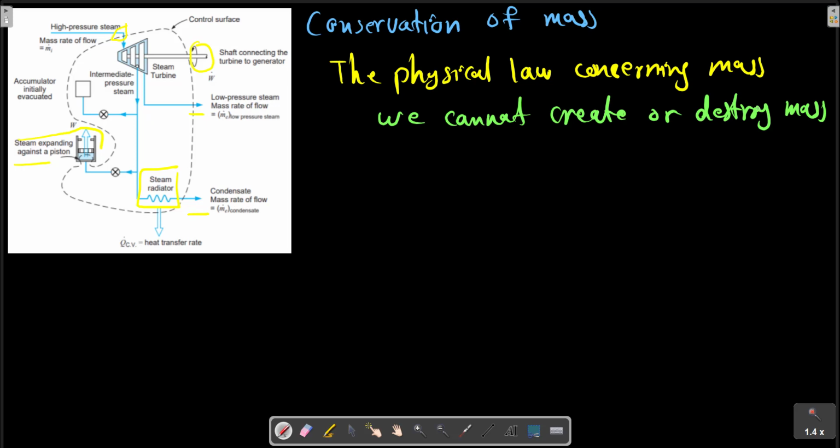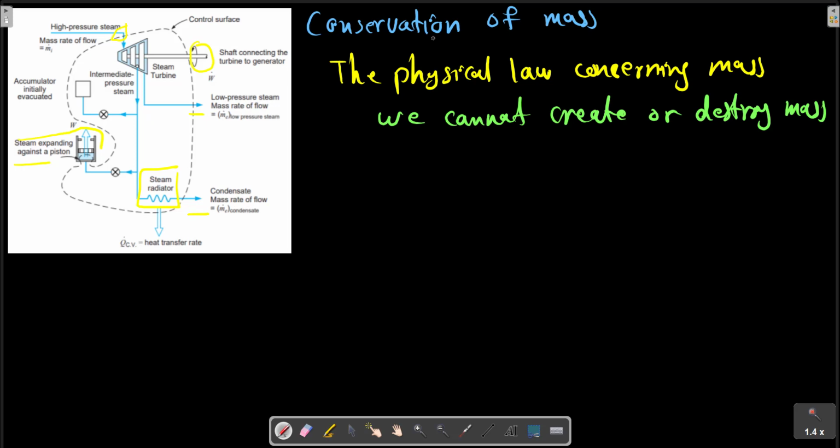We will express this law in a mathematical statement about the mass in the control volume. To do this, we must consider all the mass flow into and out of the control volume and the net increase of mass within the control volume.